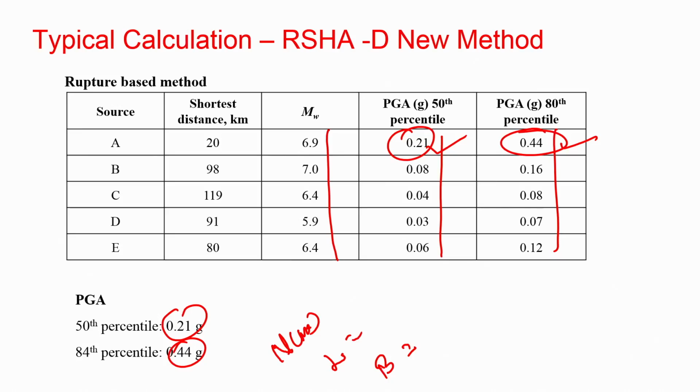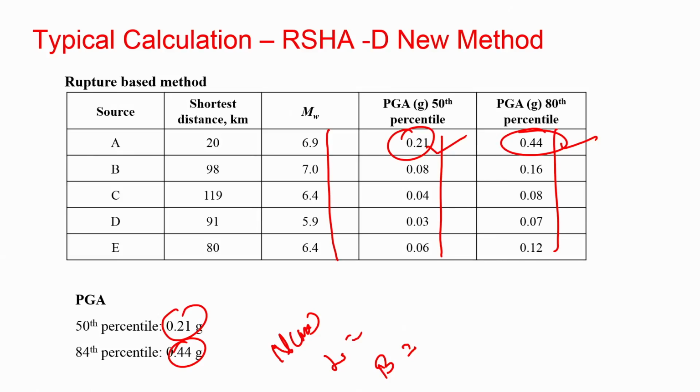So, even though the source may be the same, the controlling magnitude and controlling PGA values are completely different. That is how the rupture based method is more unique and more representative for any region. Recently we applied this to our KRS dam.